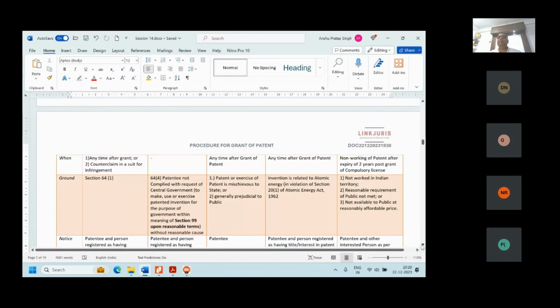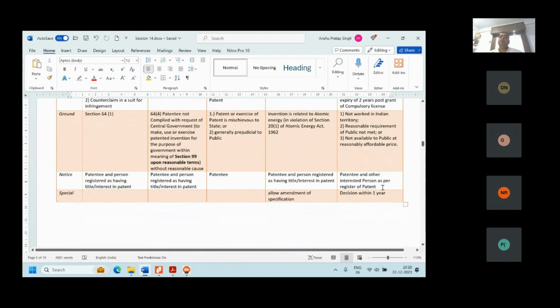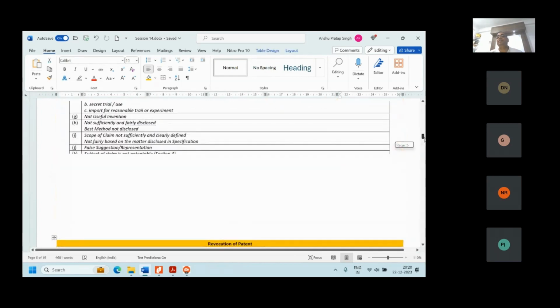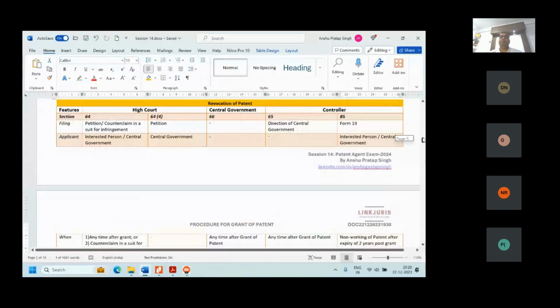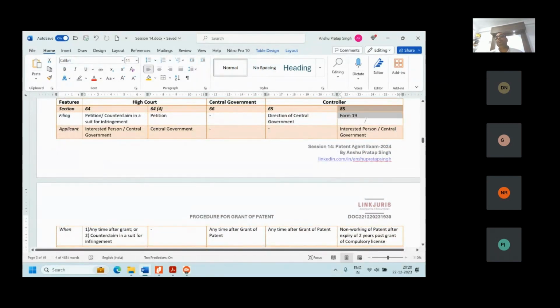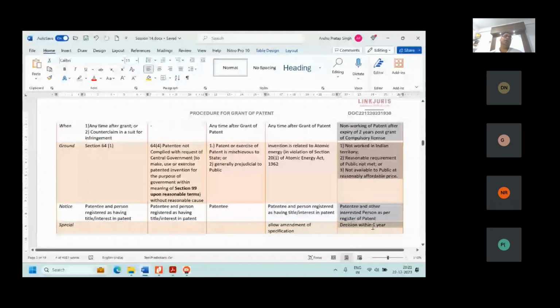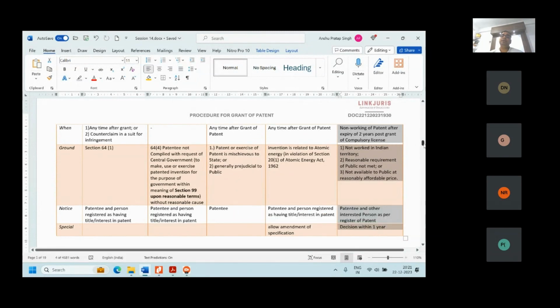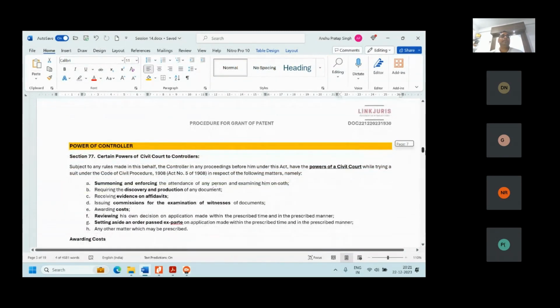The patentee and other interested persons as per the register of patents will be heard, and the decision will be within 1 year. This I will discuss tomorrow again in detail. So please consider 85 not discussed. I will discuss it again while discussing compulsory licensing and what grounds you will remember.